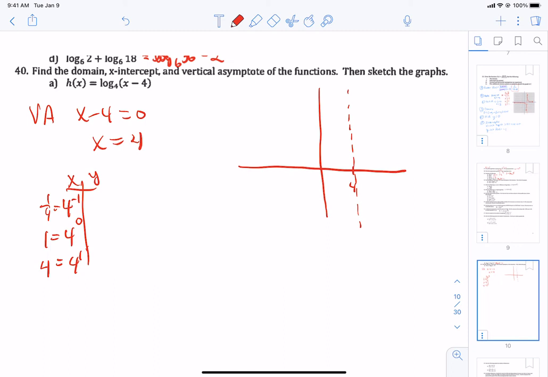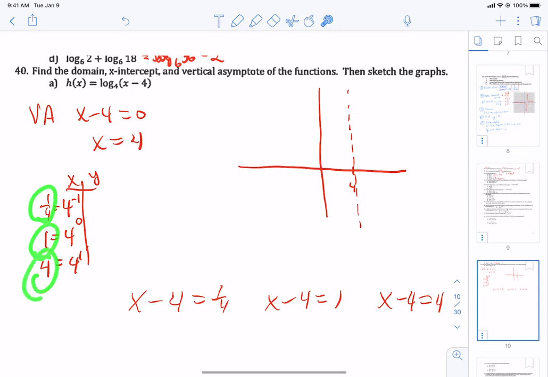Well, here I pick a 4 to a -1, a 4 to a 0, and 4 to a 1. But we've got that x minus 4 in there. So unfortunately for this one, we have to pick where x minus 4 equals 1/4, where x minus 4 equals 1, and when x minus 4 equals 4. You have to pick very specific x's for them to work.